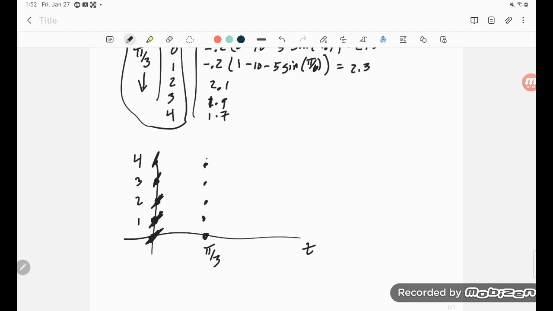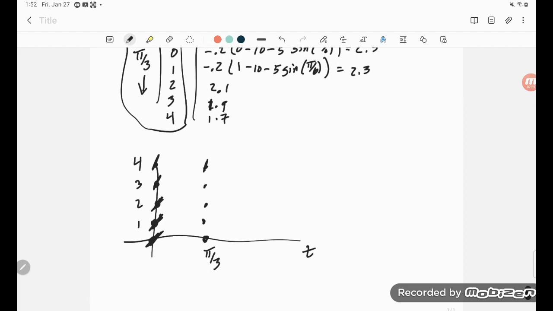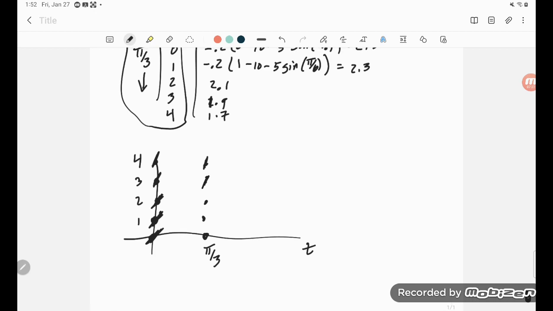And then a steeper slope yet here. That was a 2.5. And then 2.3, 2.1, 1.9. As you can tell, if you're doing this by hand, you're probably not going to do a great job if the slopes are all pretty similar.